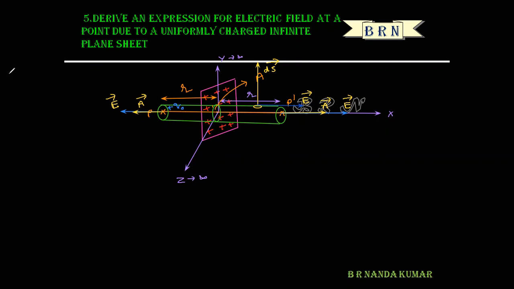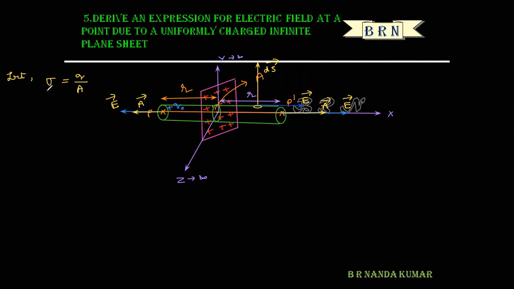Now first, let us consider the surface charge density. That means charge per unit area. Okay, surface charge density is charge per unit area, right?